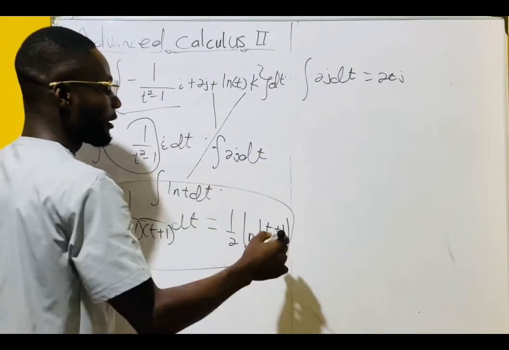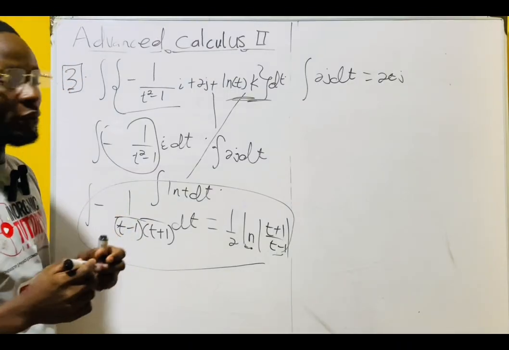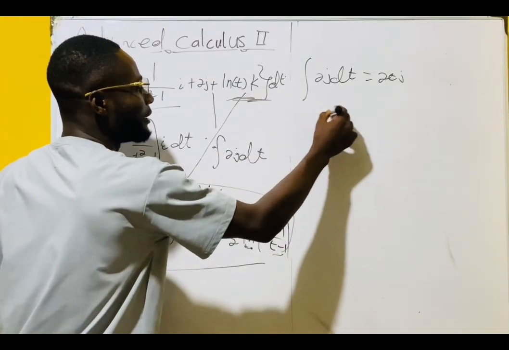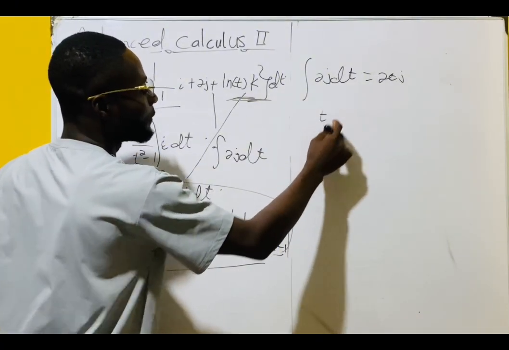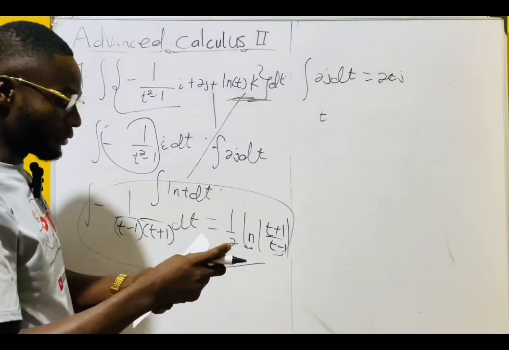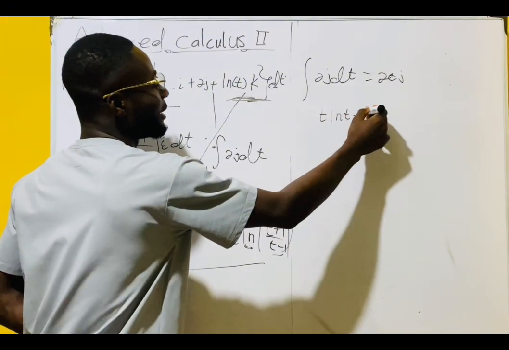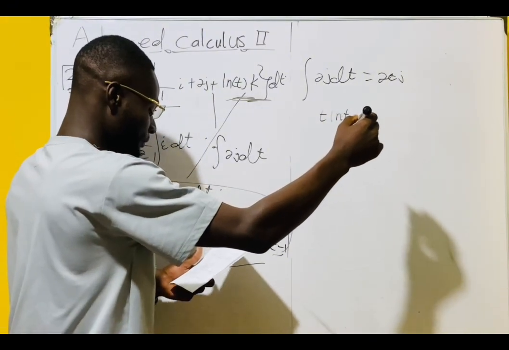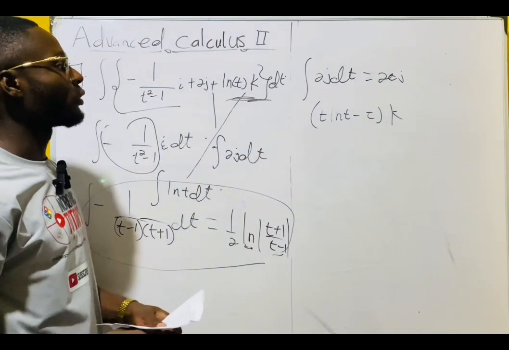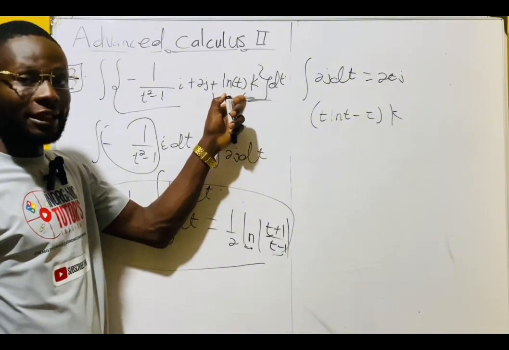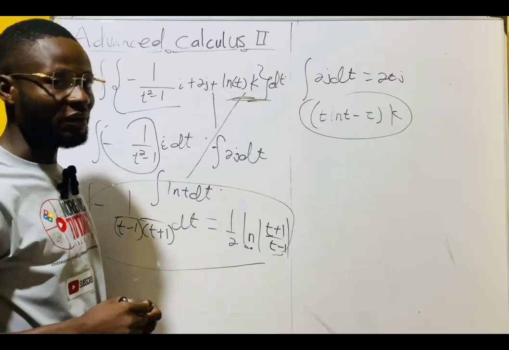And then the last component, which is ln t, you know that when you integrate ln t, you're going to have t ln t minus t. So don't forget, if you want to integrate ln t, you can't use mere integration. You have to use integration by parts.